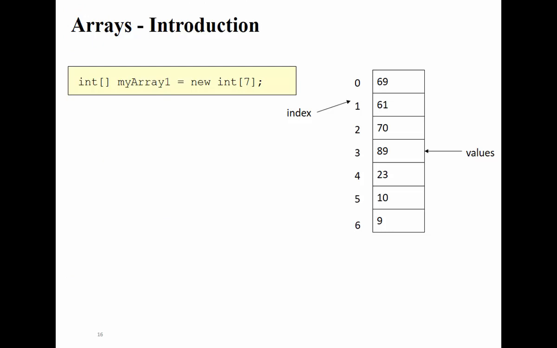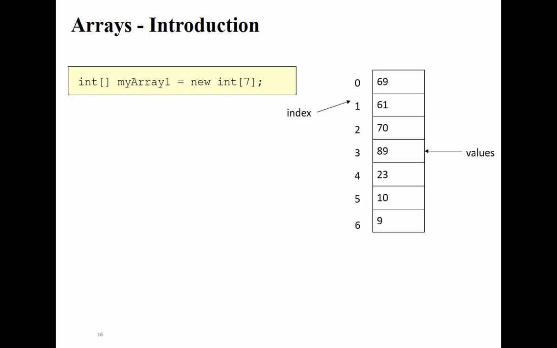Now, as an introduction or background, you can see here int, square brackets, to indicate that the variable myArray1 is of type array. Array is an object. So what can I store inside this object?